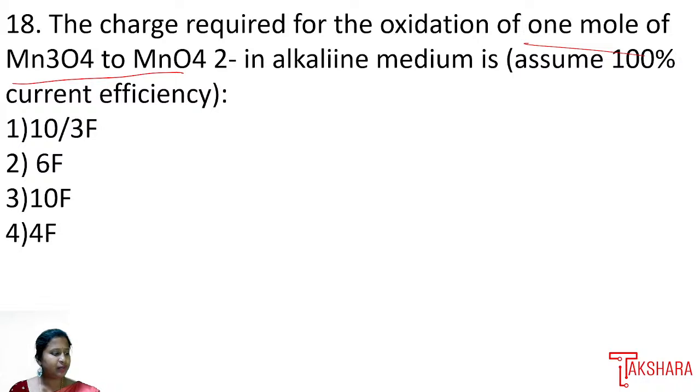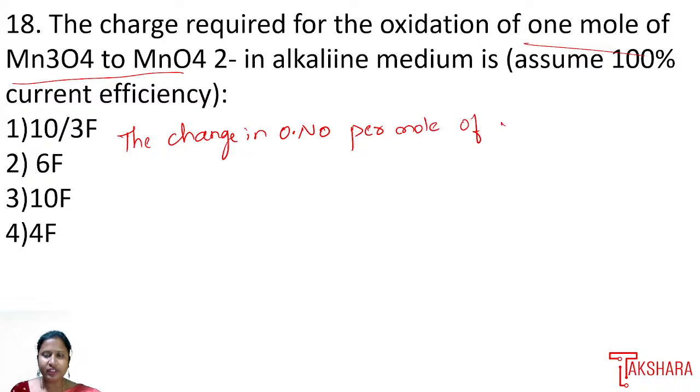So here actually we see the change in oxidation number, the change in oxidation number per mole of Mn3O4 is equal to 10. See, if we calculate the oxidation number for Mn in Mn3O4, it will become 3 into Mn plus 4 into oxygen is equal to 0.